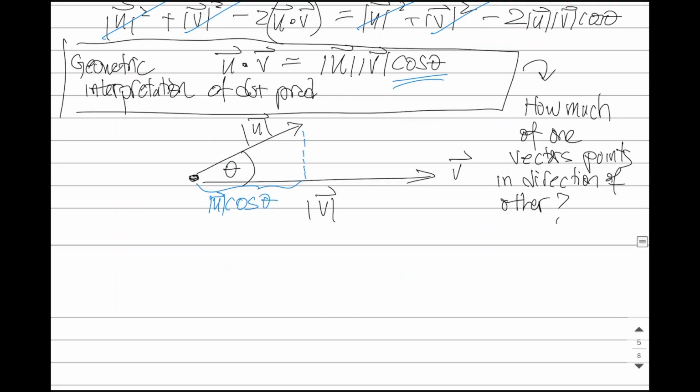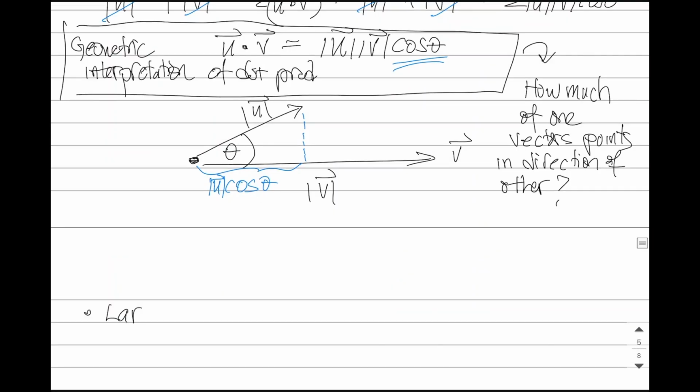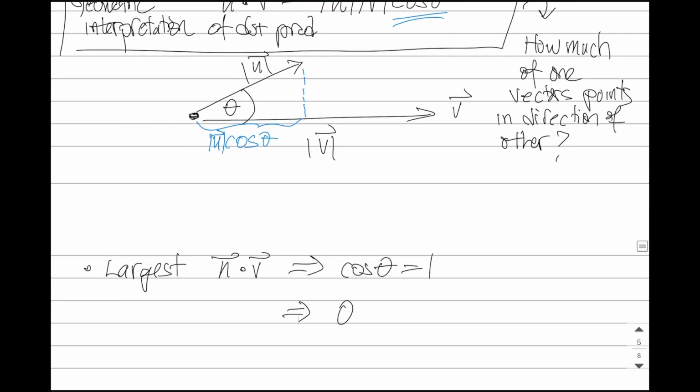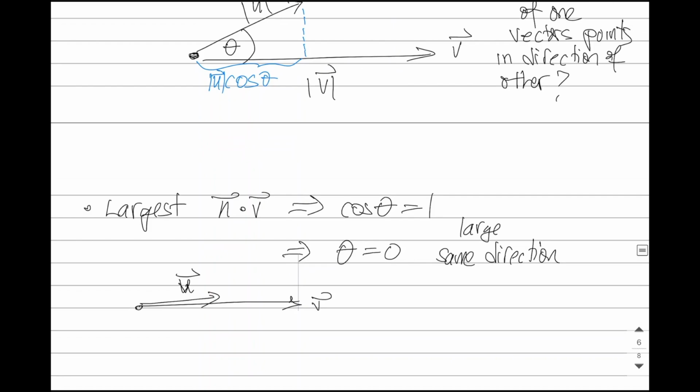I would like that thing to be as big as possible if I am talking about the vectors being in the same direction. So the largest is when the cosine of theta is equal to 1, and the cosine of theta is going to be equal to 1 when the angle is 0, if these vectors are in the same direction. So v would point one way, and then u would simply point in exactly the same direction. Largest when the vectors are in the same direction.